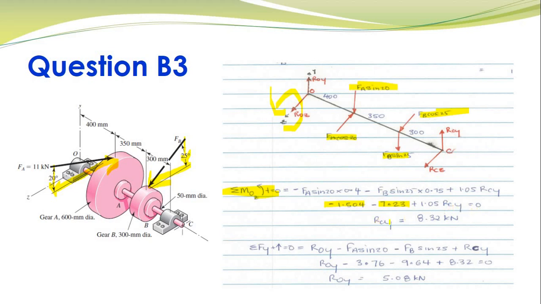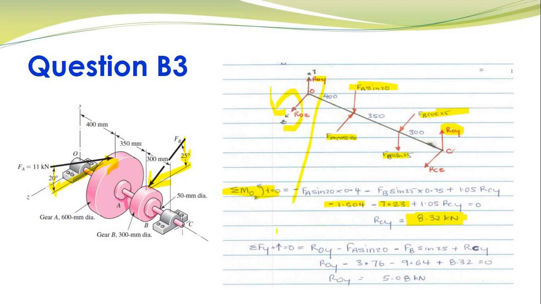Then you can solve for RCY by making it the subject of the formula, and you get that RCY is 8.32 kilonewton. You'll see that it's a positive value, and what this positive indicates is that the direction that we assumed for RCY is correct.